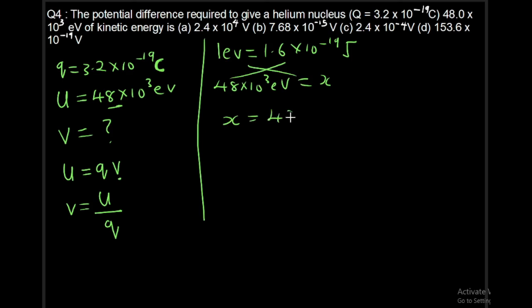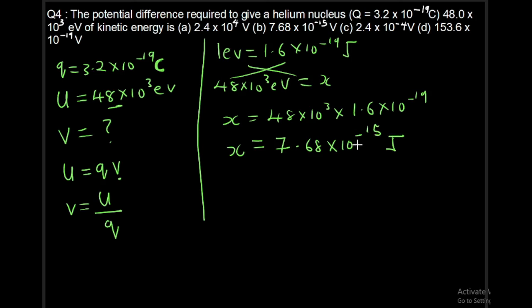So we have 48 times 10 raised to the power 3 multiplied by 1.6 times 10 raised to the power of minus 19. So that will give us our energy in joules to be 7.68 times 10 raised to the power of minus 15 joules. So this is the energy in joules.